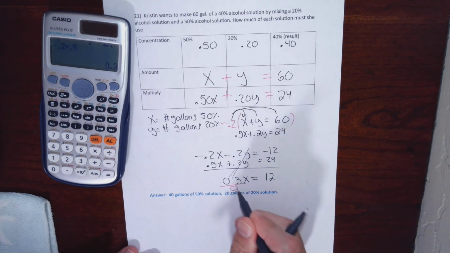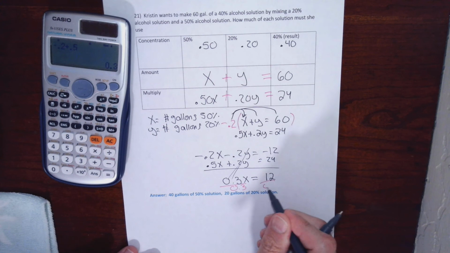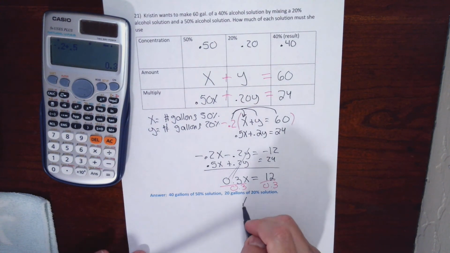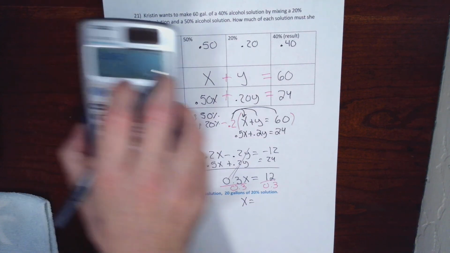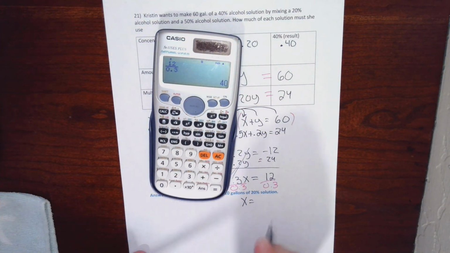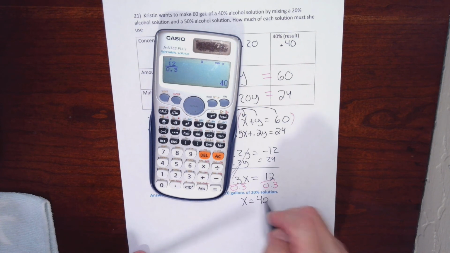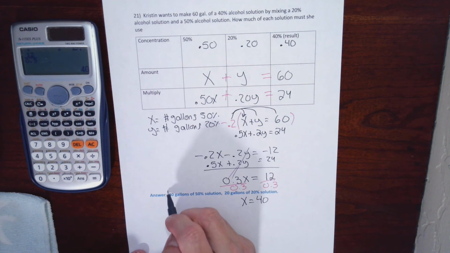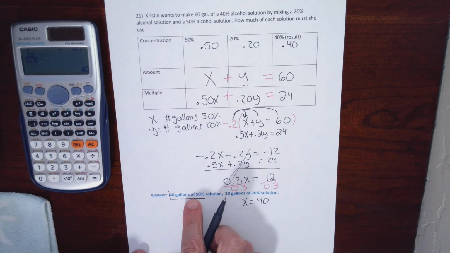Now I'm going to divide by 0.3, divide by 0.3. On the left side, I get an x when I do that division. And on the right side, I have 12 divided by 0.3. I get 40. 40 is the number of gallons of the 50% solution. So part of my answer was 40 gallons of 50% solution.